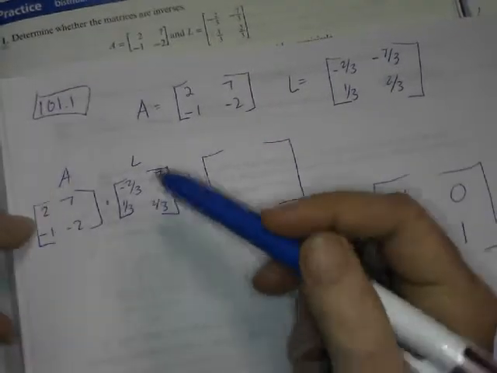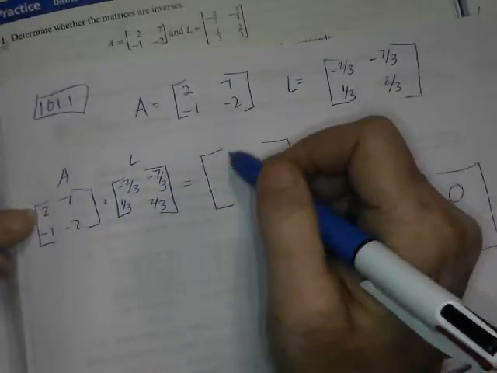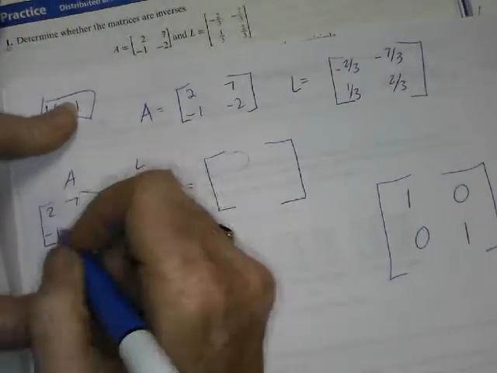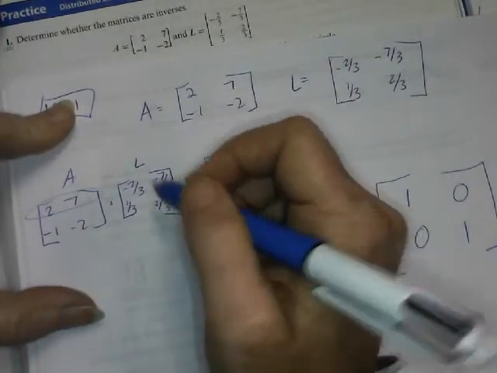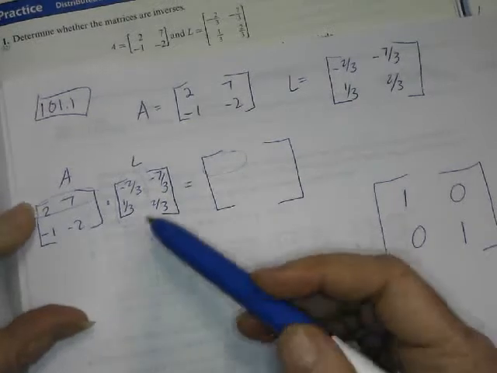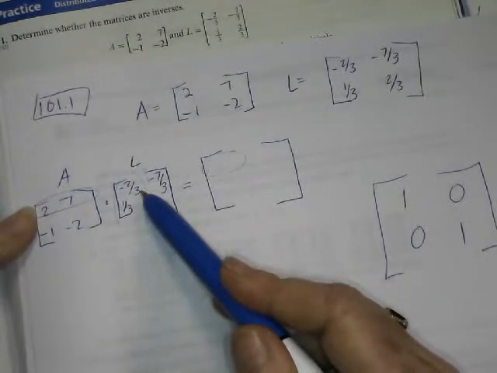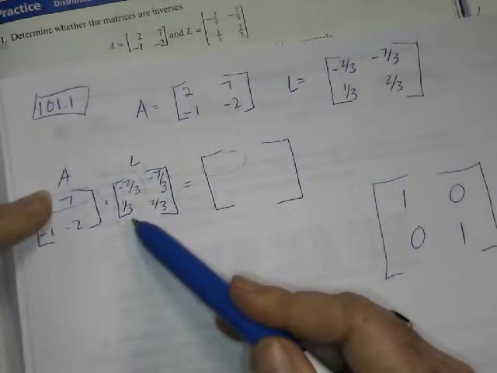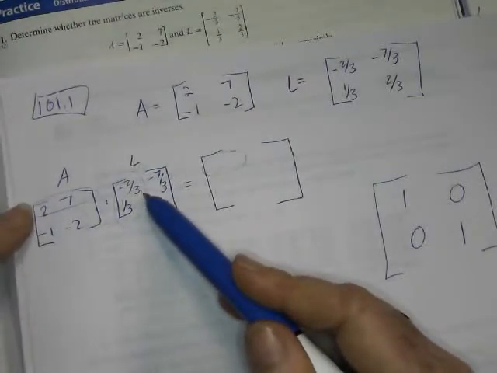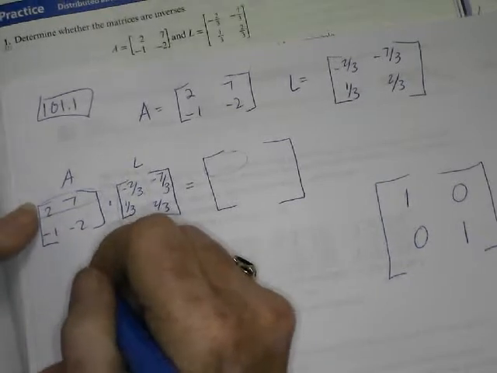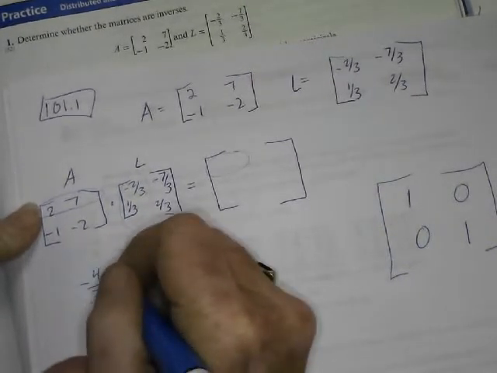So this spot right here is row 1, column 1. This is my row matrix and this is my column matrix. So I'm going to multiply 2 times negative 2/3 and add it to 7 times 1/3. 2 times negative 2/3 is negative 4/3, and I'm going to add that to 7/3.